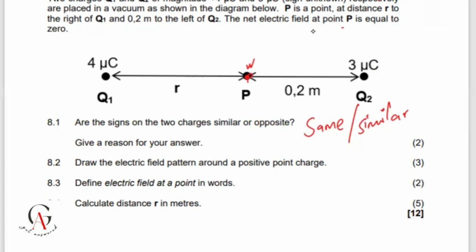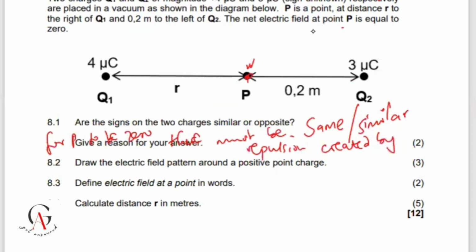So the reason for that is that for the net force at P to be 0, we say there must be a repulsion which is created by the same signs. So the same polarity for us to get the repulsion.